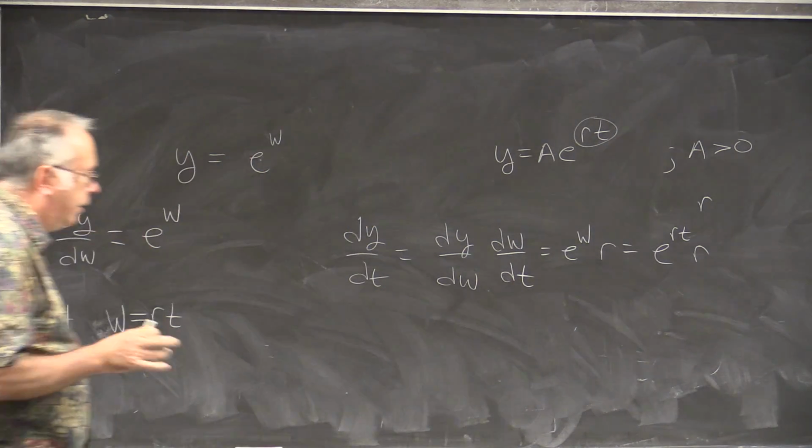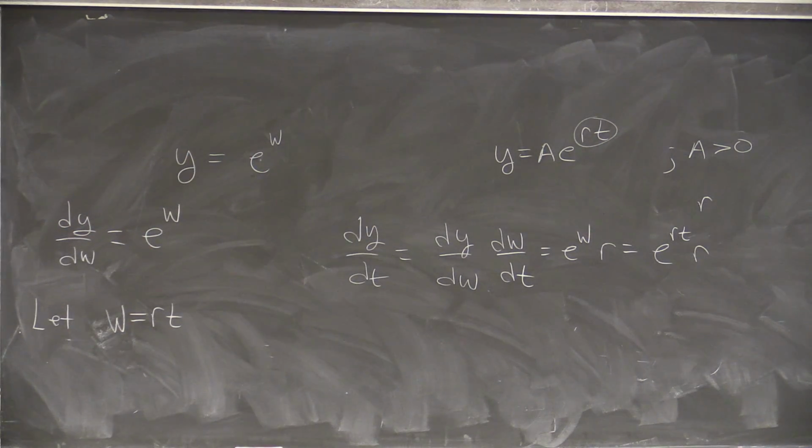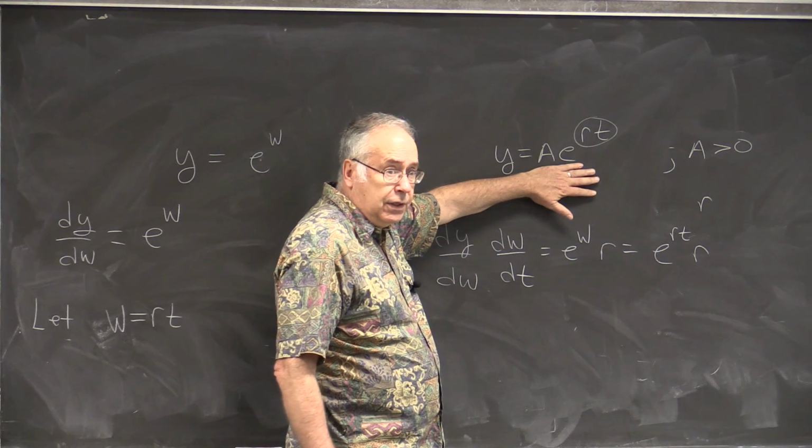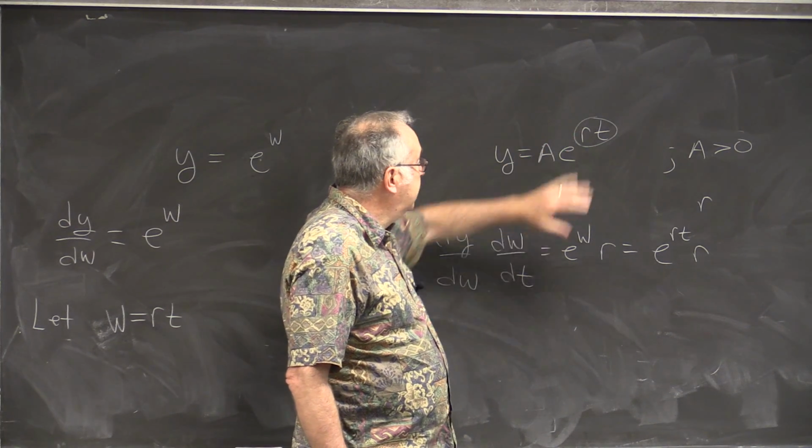I like to put the little r first. And if you have that capital A there, it's just a coefficient, so you just carry that along. Okay. So oftentimes we will be dealing with exponential functions of this type, where r is just a constant.